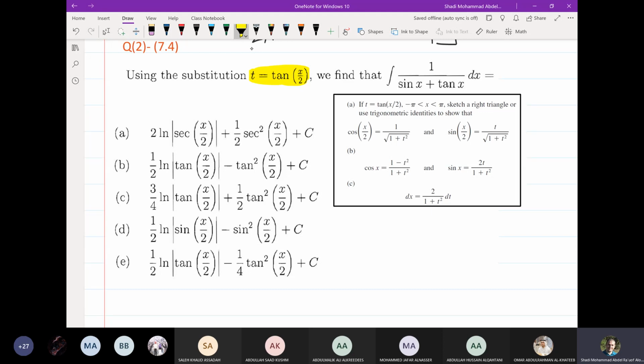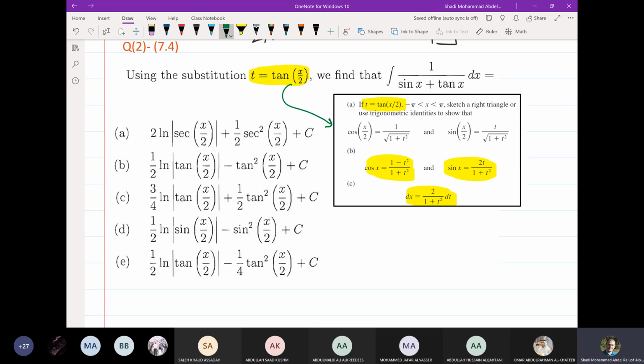Once he gives you this hint, you will use these rules. Suppose t equals tan x over 2, you need to memorize that sine equals this, cosine equals this, and for sure tan will be sine over cosine, and dx will be 2 over 1 plus t squared. We use this when we need the substitution t equals tan x over 2.